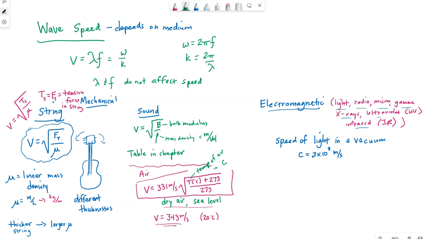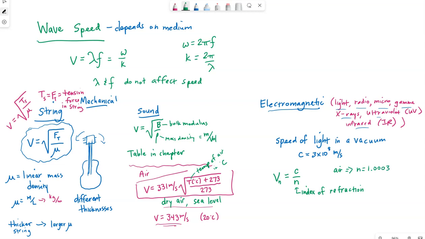The equation that represents the speed of light in this new medium is c, the speed of light in a vacuum, divided by what we call the index of refraction. The index of refraction is related to the material itself. Our author gives us a table in the chapter. For example, air, n is 1.0003.